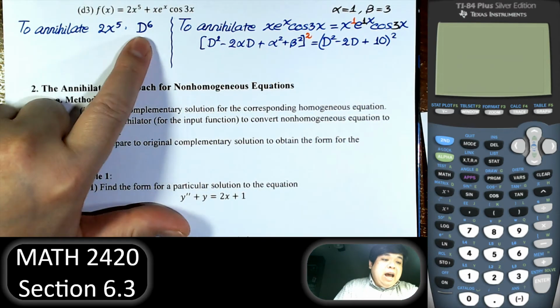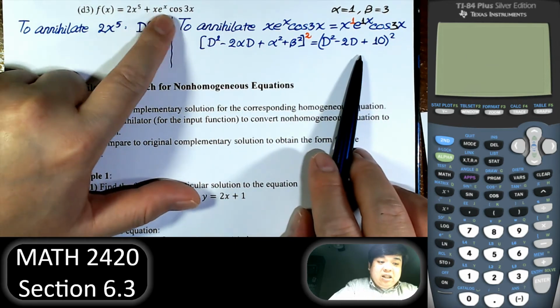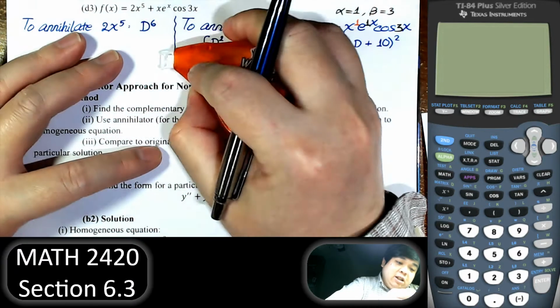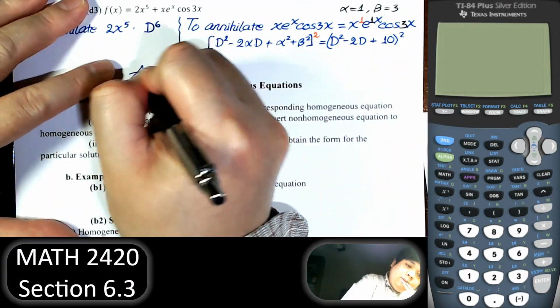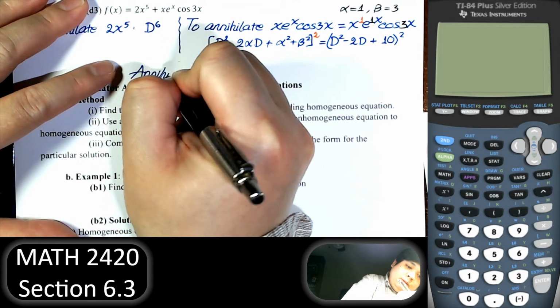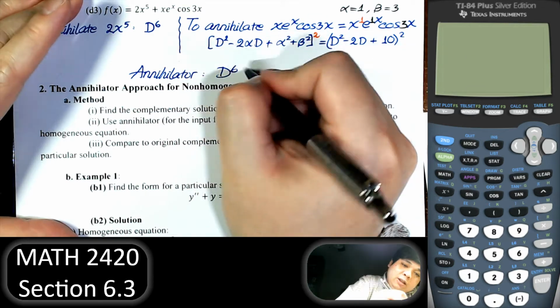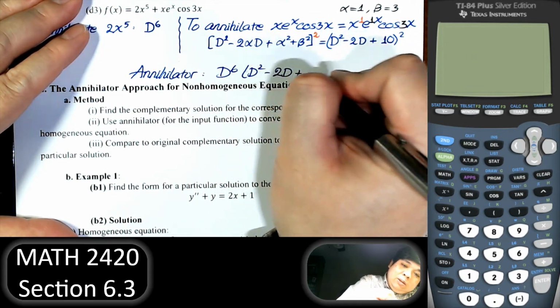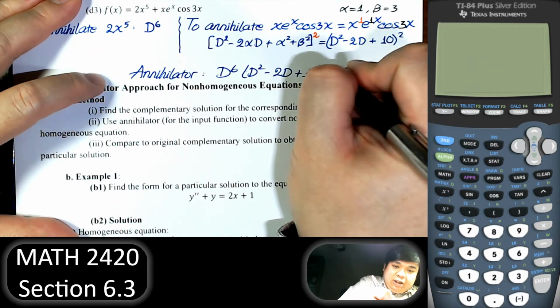So that annihilates x e to the x cosine 3x, and d to the 6th annihilates x to the 5th. Put them together, the annihilator is d to the 6th times d squared minus 2d plus 10, squared.